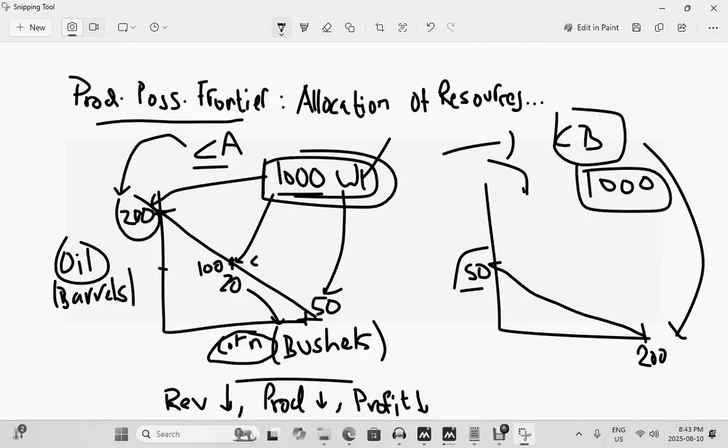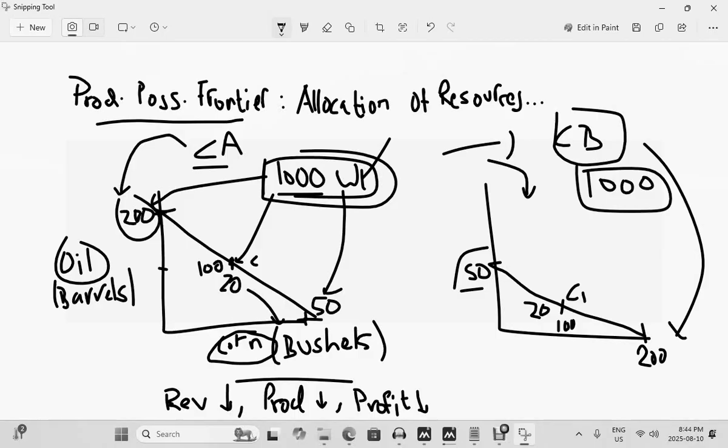When they decide to produce both goods or both commodities, they will produce, let's say, 100 bushels of corn and 20 barrels of oil at this point, point C prime or C derivative or C1. So at C1, the production has been reduced when it comes to corn.